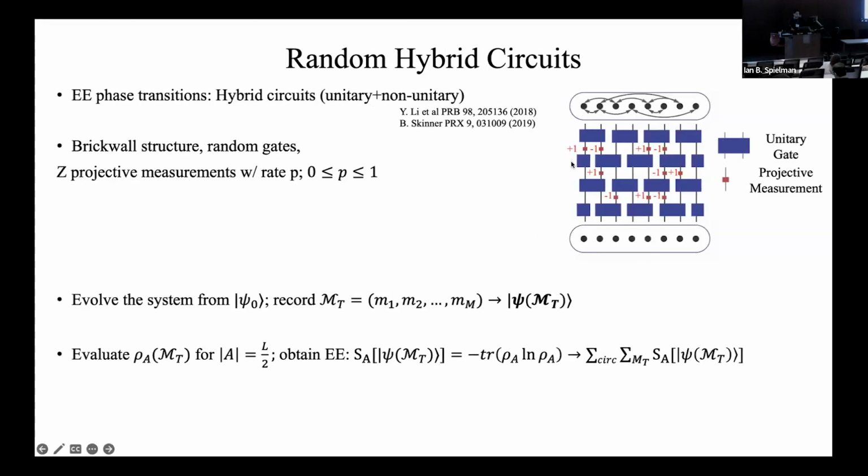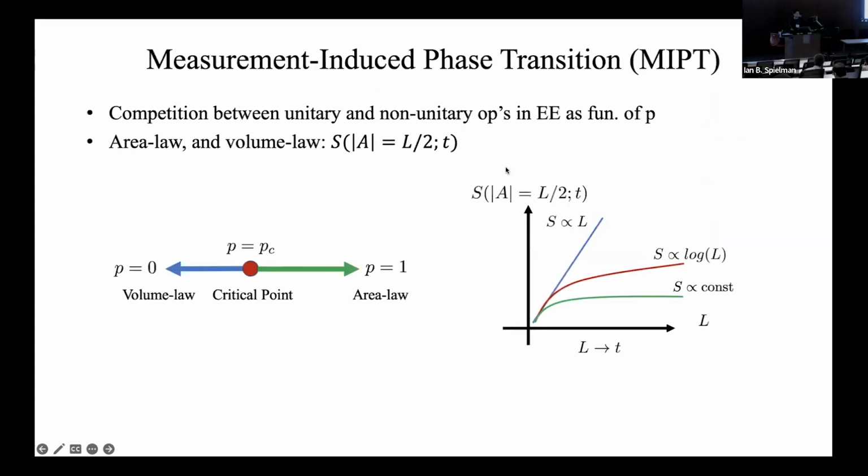This was a calculation that was actually done in these works, and what people found was that in these systems we can have a balanced competition between unitary and non-unitary operations in generating and destroying entanglement as a function of the measurement rate. In particular, if the measurement rate is very small, we end up with a volume law behavior where the entropy scales linearly with the system size.